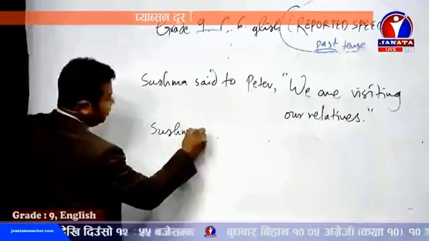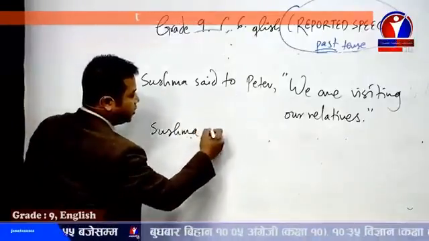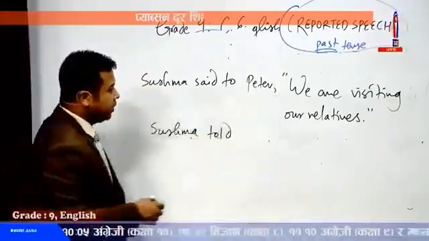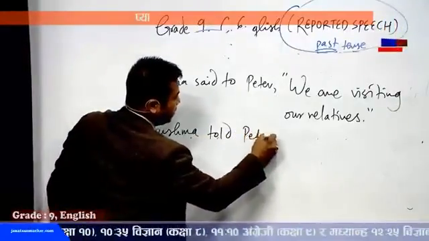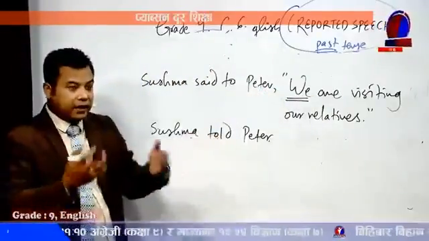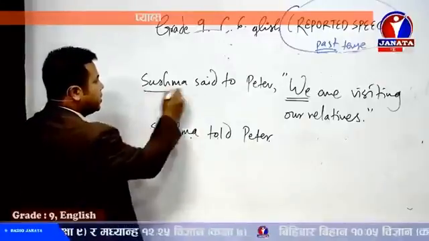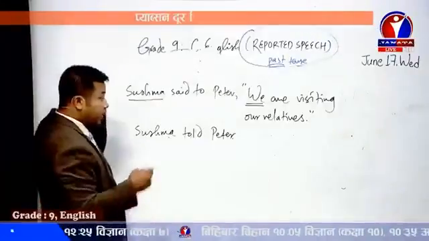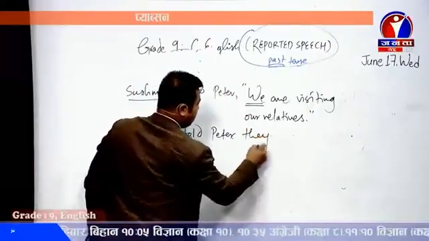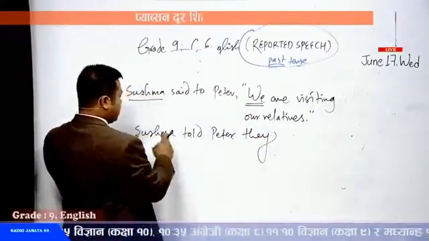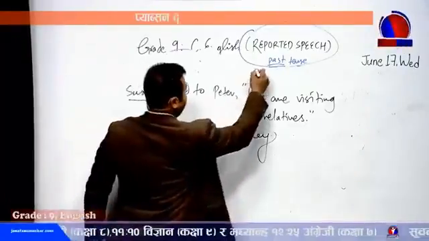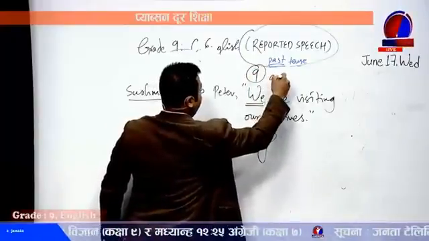Susma is a speaker. Said to changes into told, because this is a statement. Told who? Peter. Then we have got a pronoun. This pronoun is we, a first person pronoun. So first person pronoun is Susma, but she's not alone here. Since she has used we, that changes into they. Susma told Peter they. Or if you're confused with that, you can even have I here, and am here.